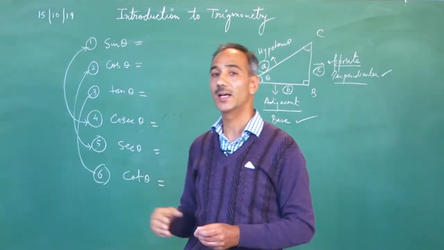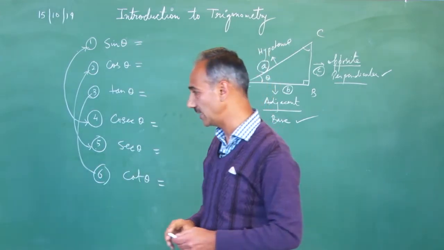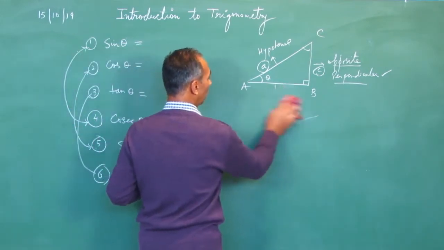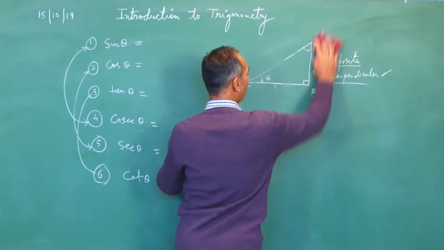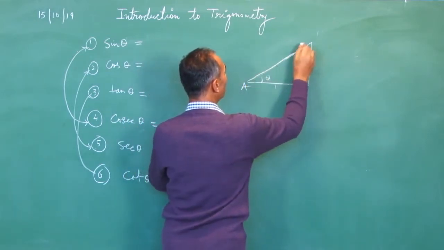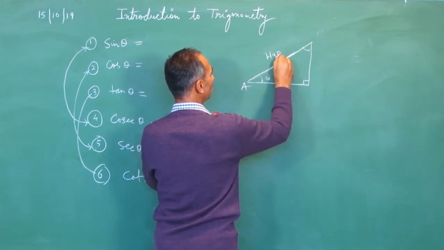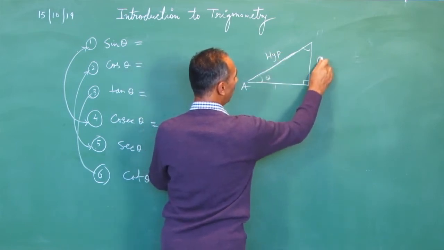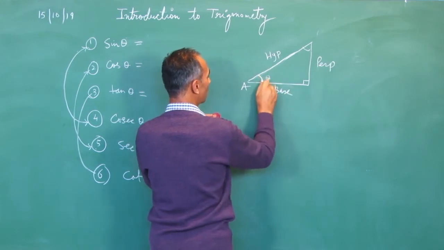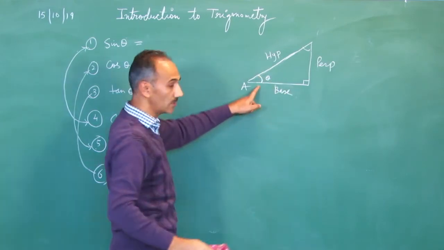Now we have to see what their values are in terms of the sides of a right angle triangle. Now my right angle triangle is ABC, and I'm taking this angle as theta. This is my hypotenuse, this is my perpendicular, this is my base, provided this is theta. I'm interested in this acute angle theta.